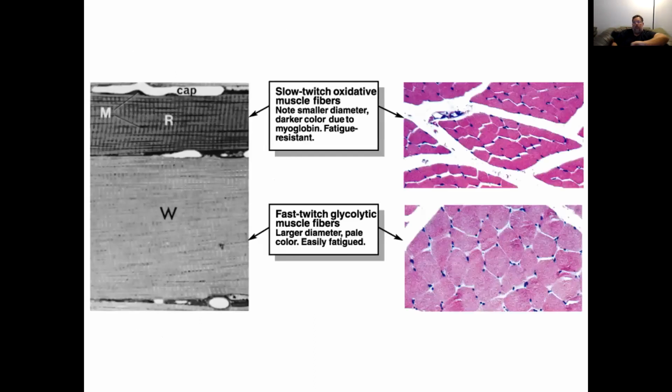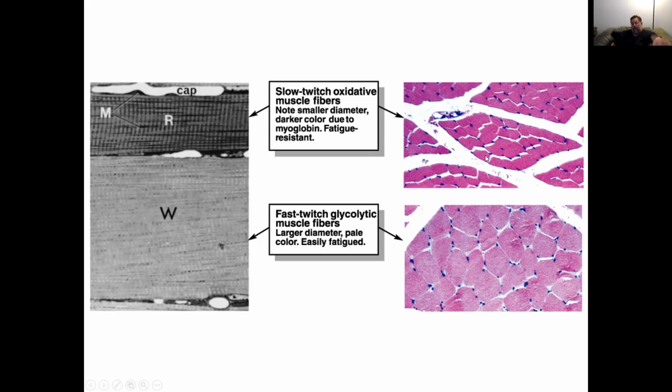So here's a picture showing you slow twitch fibers versus fast twitch fibers. You can see the slow twitch fibers look smaller in diameter, but have large capillaries in relationship to them. These spaces right here are the capillaries, as you can see. Remember, capillaries are small blood vessels that blood travels through that helps to oxygenate the red muscle, the slow twitch fibers.